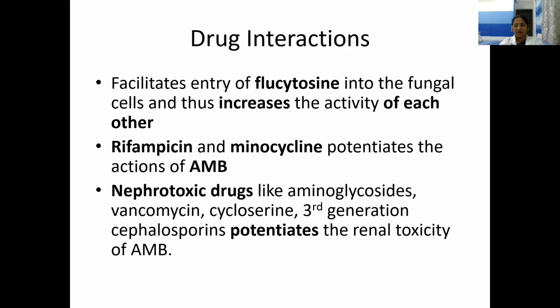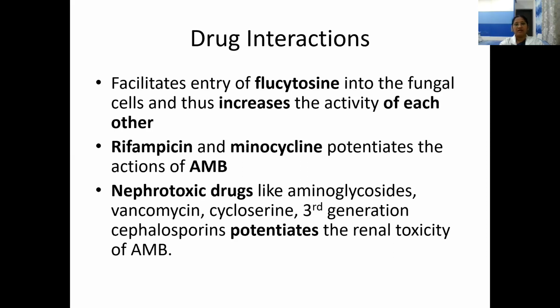Coming to the drug interactions. Amphotericin B will lead to drug interactions. Number one, it facilitates entry of flucytosine into the fungal cell and thus increases the activity of each other.